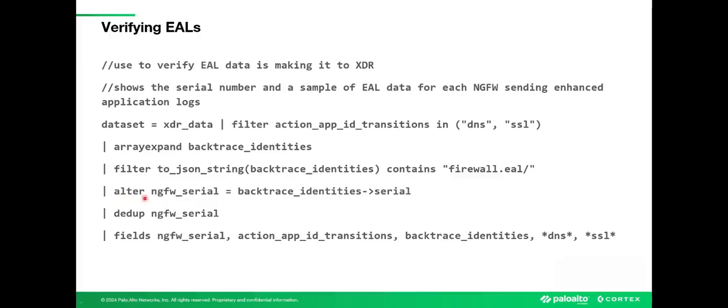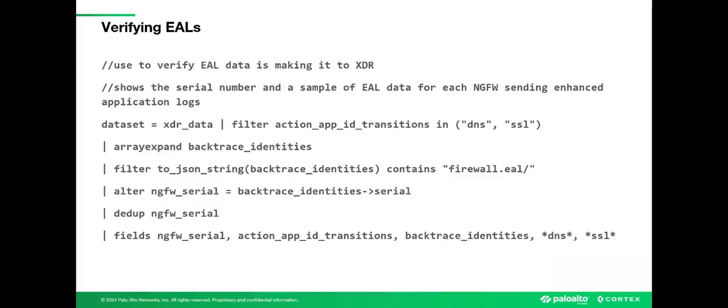Then we use the alter stage to also extract from the backtrace identities the serial number of the firewall. Okay, so it's extracting the serial number into this temporary variable, next generation firewall serial. Then we are going to deduplicate information per firewall serial number, because in this case we just want to see how many firewalls, right, are forwarding the EAL logs.